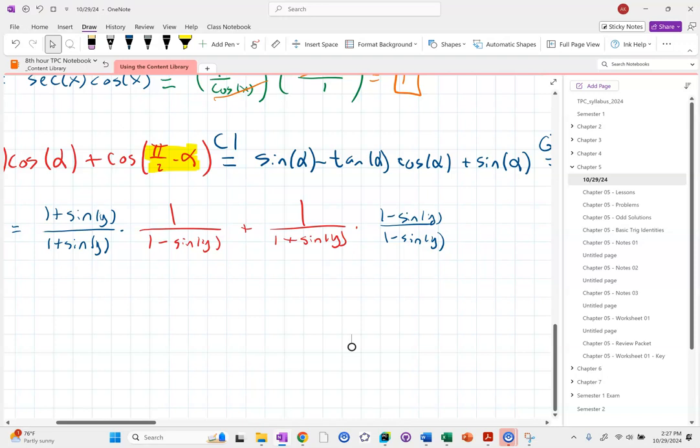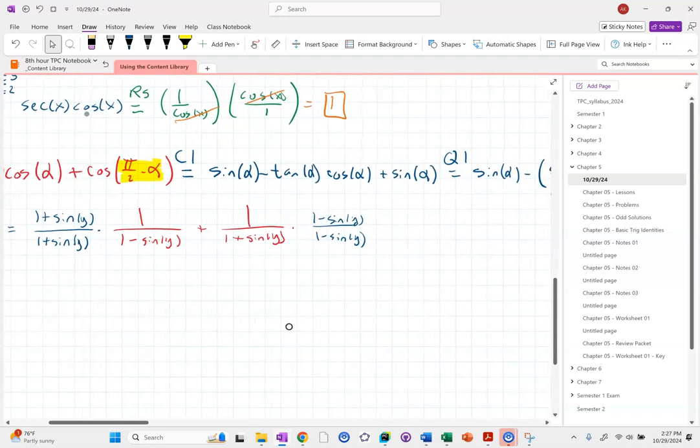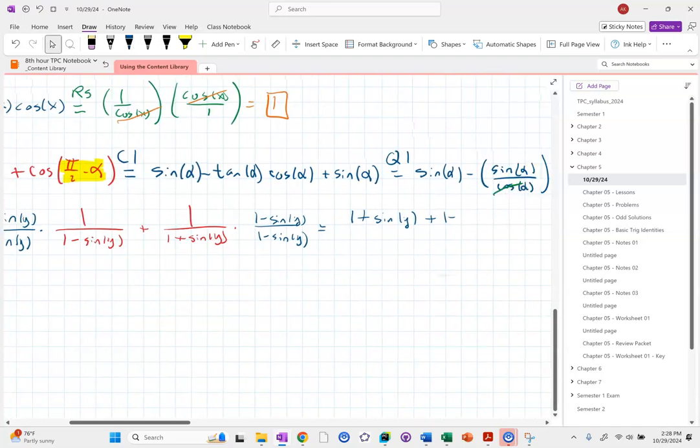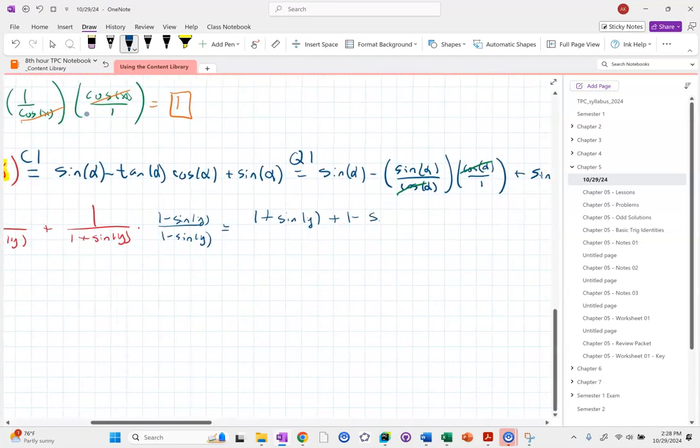So let's multiply this out and write it as a fraction, yeah? So I have 1 plus sine y times 1, and then 1 times 1 minus sine y.